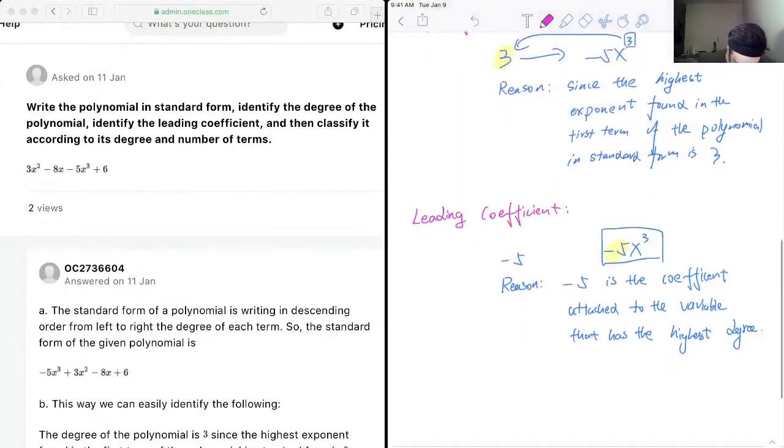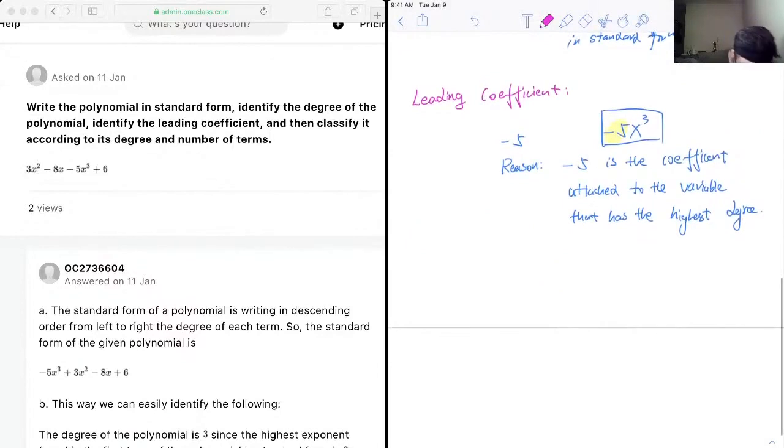And lastly, we will write the polynomial classification. The polynomial is a cubic polynomial.